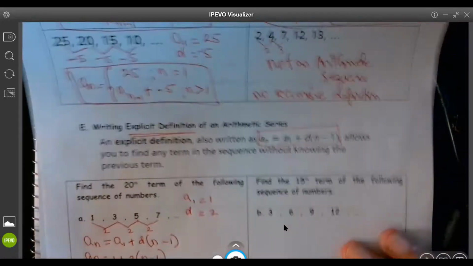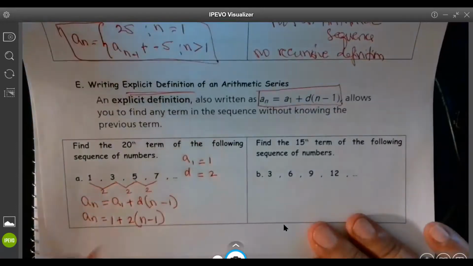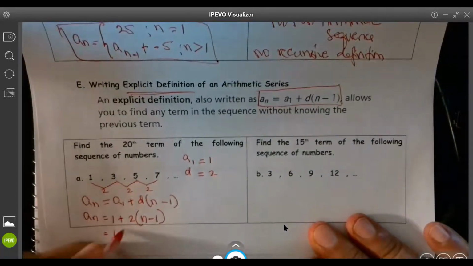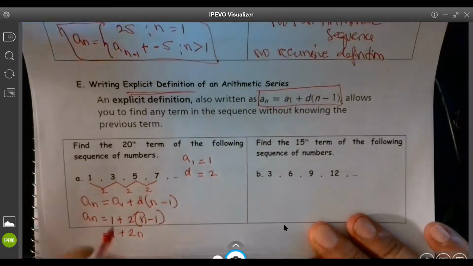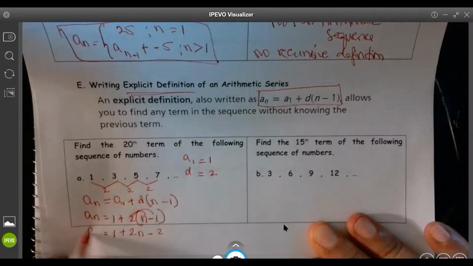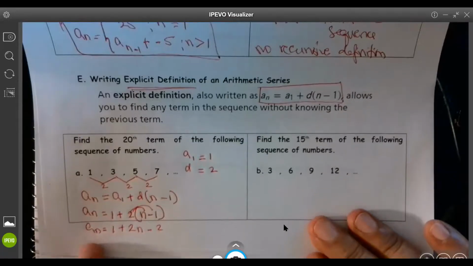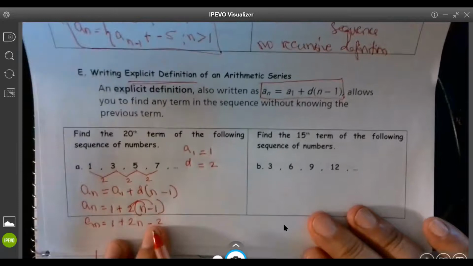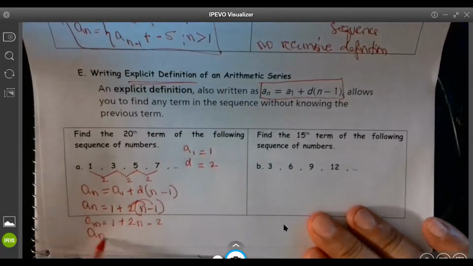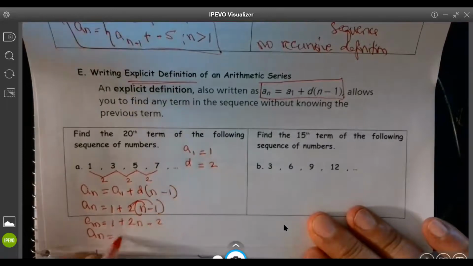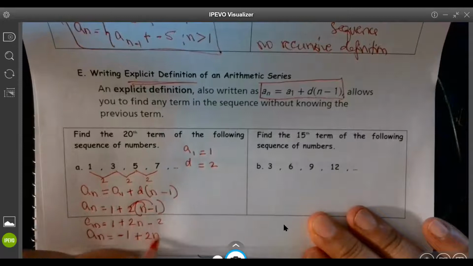And then you're going to simplify. So this becomes 1 plus 2n. 2 times n is 2n. 2 times negative 1 is negative 2. And you combine similar terms. So this one is an is equal to 1 and negative 2 is negative 1, plus 2n.